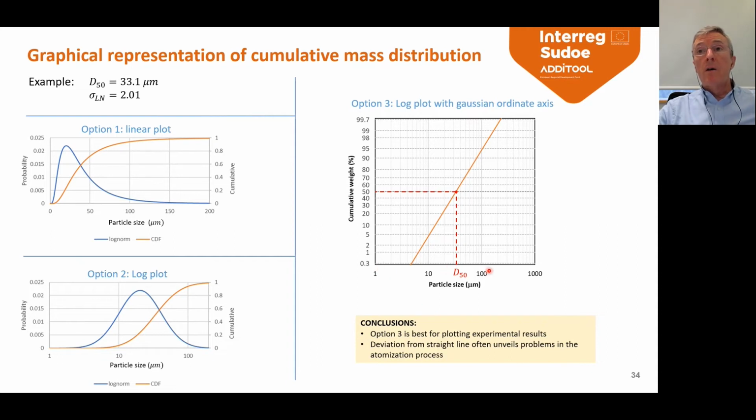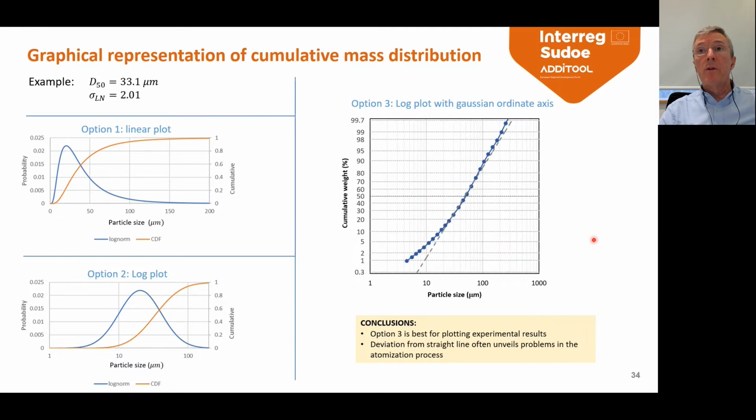You have a log plot on the x-axis, and on the y-axis, instead, as you can see, this is not linear and this is not logarithmic either, but rather it has a Gaussian transformation. And the nice thing about this plot is that the cumulative density function becomes a straight line. And it is best for plotting experimental results because a deviation from the line often unveils problems with the atomization process.